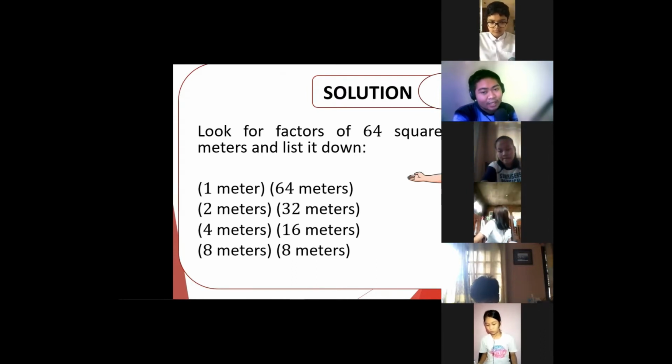When we say factors, these are the numbers that when you multiply, you will get the product of 64. So that would be 1 times 64. Another one is 2 times 32, that would also be equal to 64. 4 times 16, that would be equal to 64. 8 times 8, that would be equal to 64.